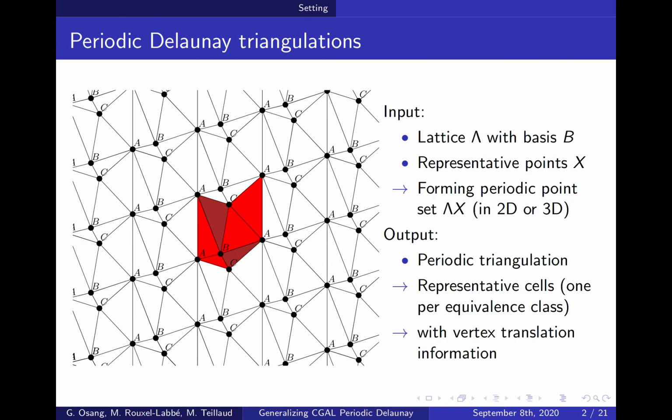One caveat is that if we just label the equivalence classes of points with labels like here A, B, and C, then these triangles in this case are not uniquely described by the labels of these points. If you look, there's two triangles in dark red, and both of them consist of the vertices A, B, and C, or the equivalence classes A, B, and C. So this is not enough. So we need to associate some additional information, but we'll talk about this later.